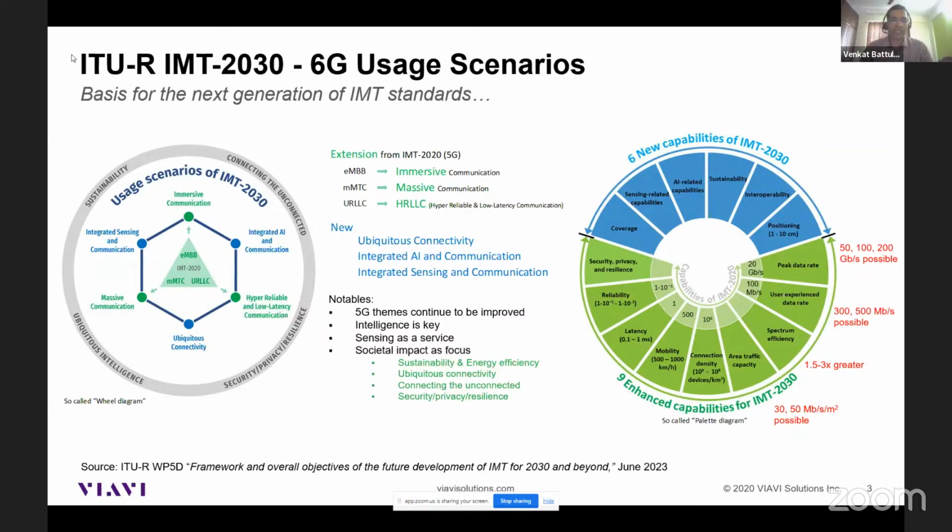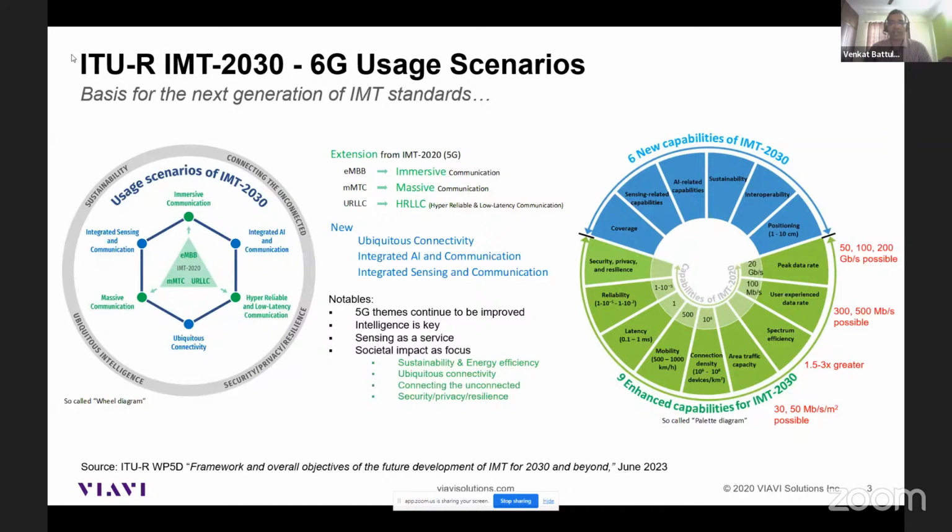And the last one, not the least, massive communication. What is massive communication? There will be a lot of IoT devices going to be deployed, with lots of digitization in the pipeline. Cars talking to each other, cars talking to drones, and drones talking to drones, and all these sorts of massive numbers of devices.